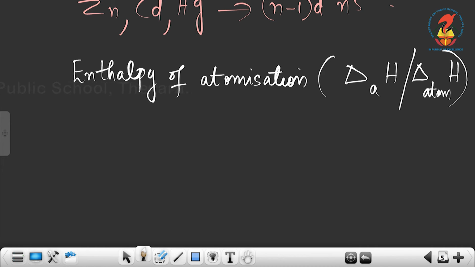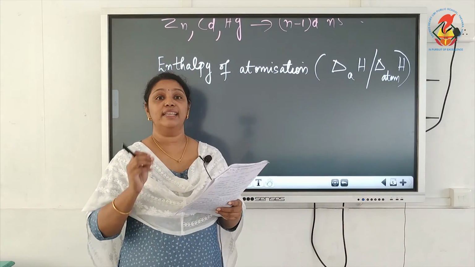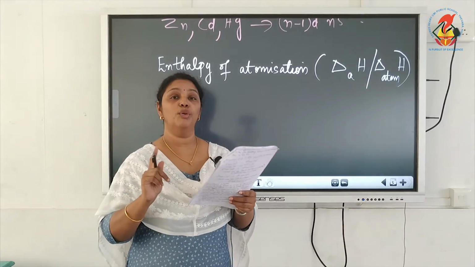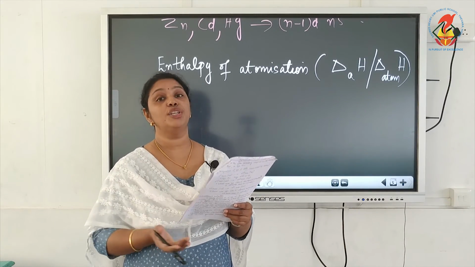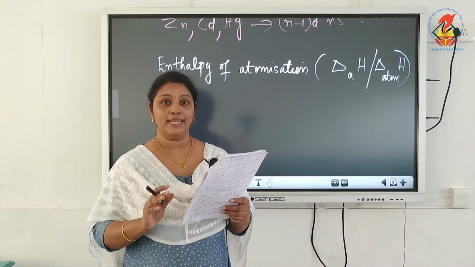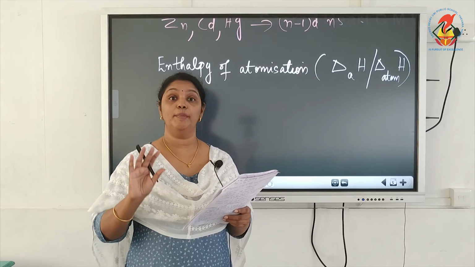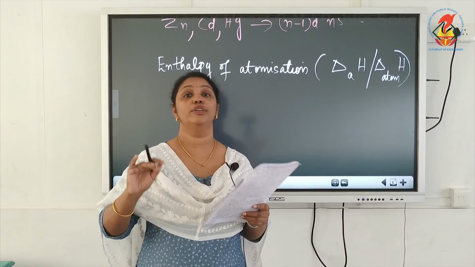How will you define this enthalpy of atomization? It is the heat energy required to convert 1 mole of a substance in its stable state to its gaseous state. For metals, it is same as enthalpy of sublimation. Enthalpy of sublimation means heat energy required for the conversion of a solid into gaseous state.